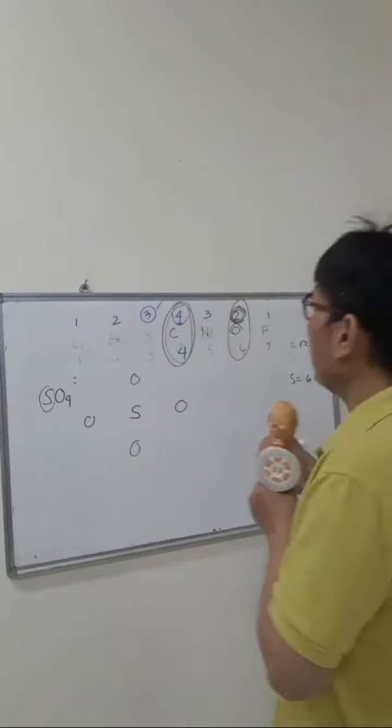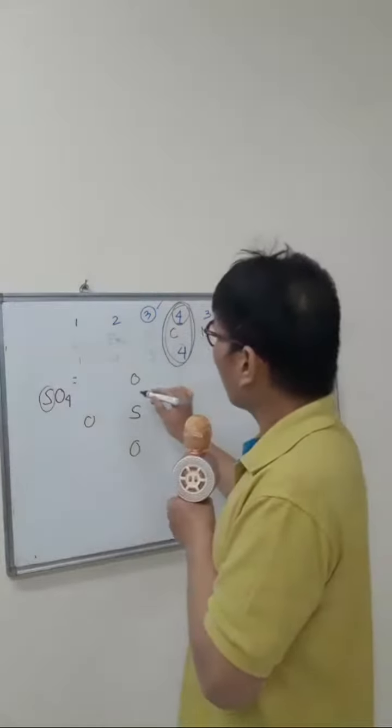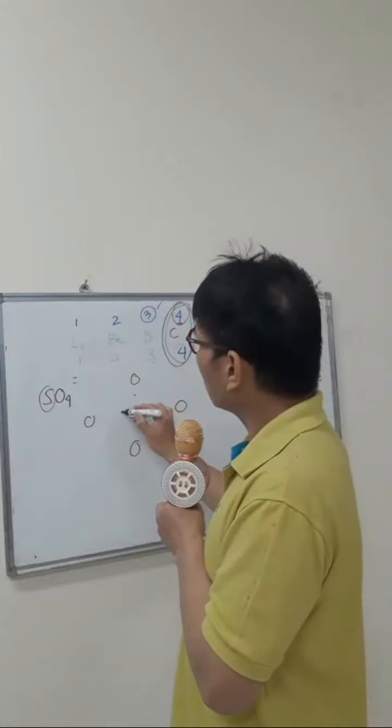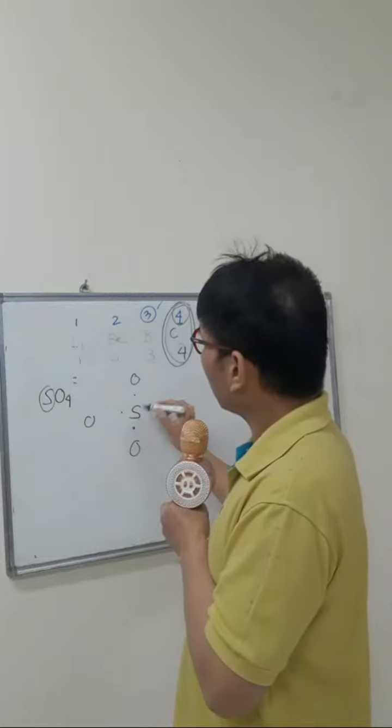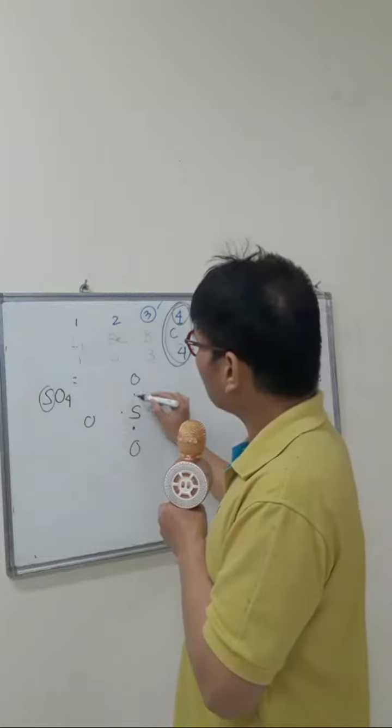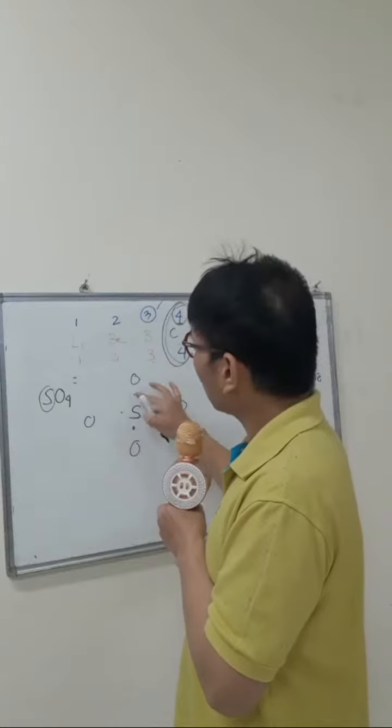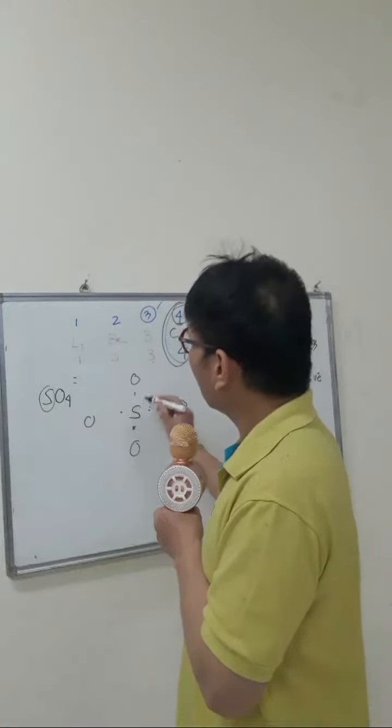So for the sulfur valence electrons: 1, 2, 3, 4, 5, 6. And oxygen: 1, 2, 3, 4, 5, 6.